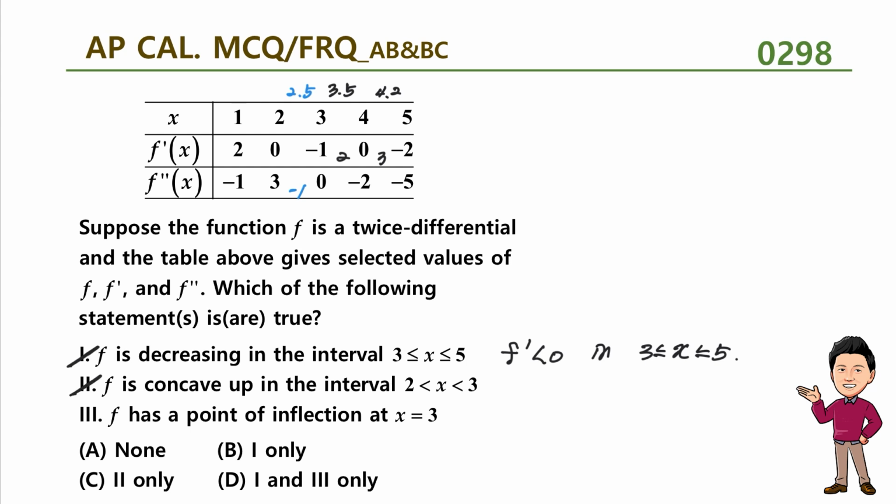Okay, third part. f has a point of inflection at x equals 3. When x is equal to 3, f double prime is equal to 0. We have a point of inflection whenever f double prime changes its sign from positive to negative or negative to positive. It looks like it changes from positive to negative, but we don't know what... here, let me draw the line.